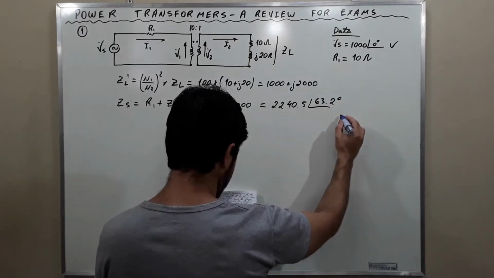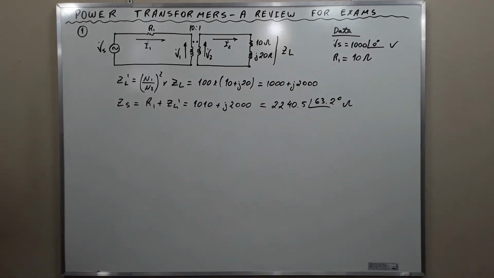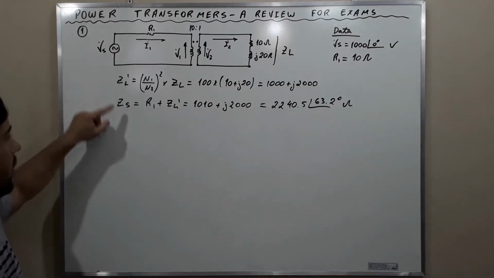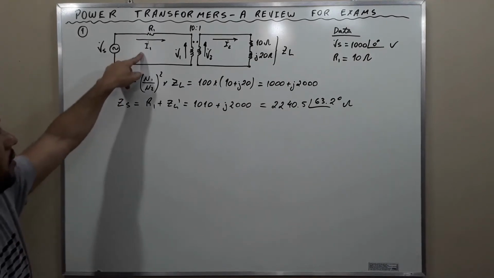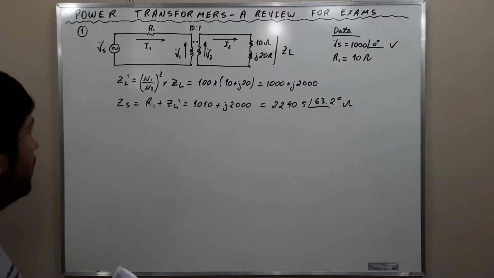I prefer using the polar form in some situations. We have to divide this by this to get the input current, and to do this it is preferable to use the polar form. Now we can compute the primary current and the voltage.